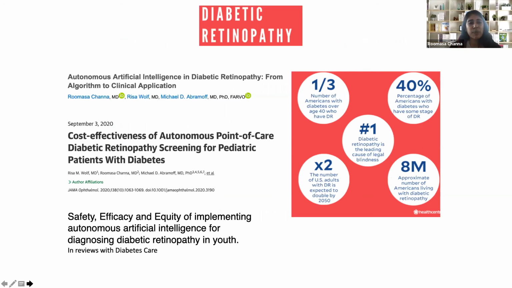Is it going to increase my time per patient? Will I be able to get through my clinic? And then what policymakers and hospital administrators want to know is the cost effectiveness. If we're going to change our care or bring in a new solution to a problem, how cost effective is that going to be? So that's another aspect that we look at: the cost effectiveness of these interventions.